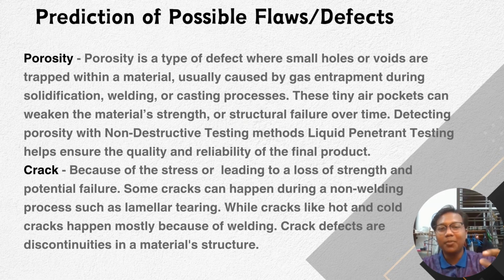These tiny air pockets can weaken the material strength, reduce its density, and lead to leaks or structural failure over time. So detecting porosity with a non-destructive testing method like liquid penetrant testing helps ensure the quality and reliability of the final products.